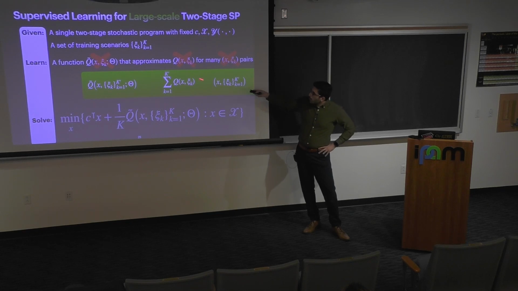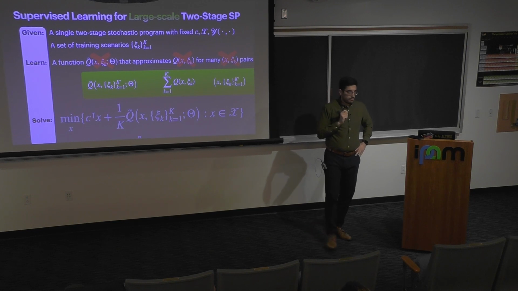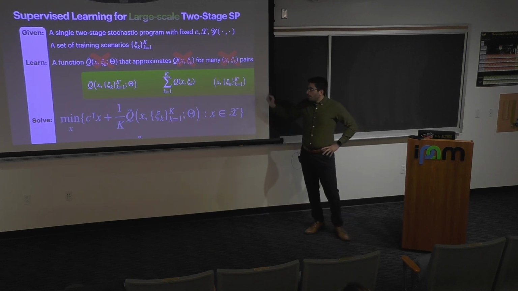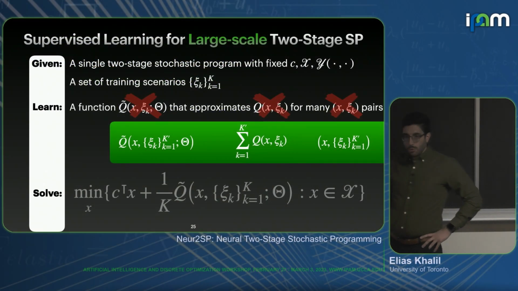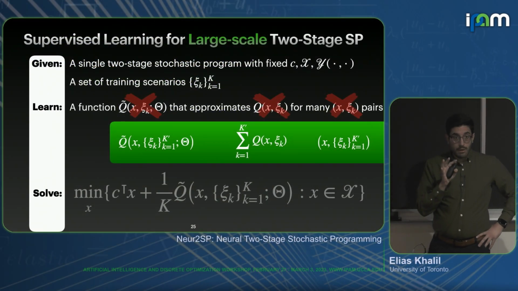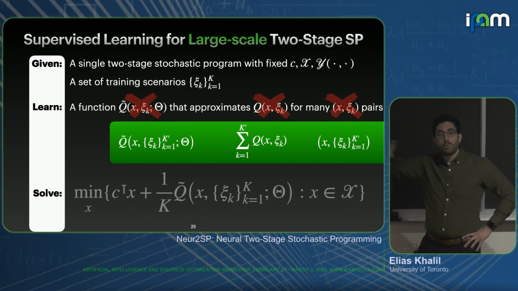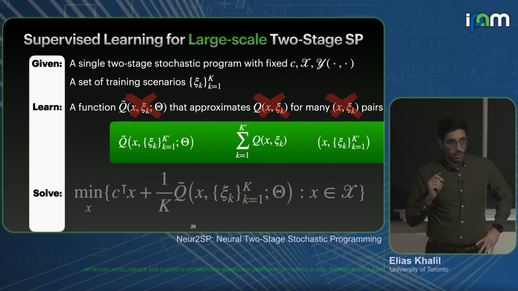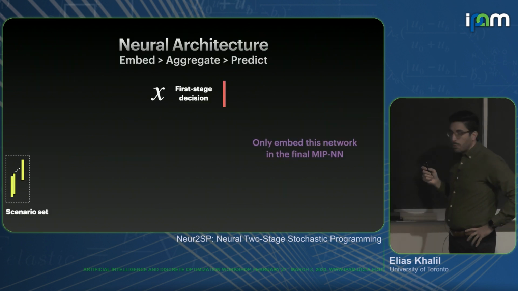Now, in your input, you have not only a first stage solution and a vector representing the scenario, you have a set of such vectors. And if we can do this, then in this neural network mixed integer program, we have to represent only one forward pass in this neural net, not capital K of them. Okay? So how are we going to achieve that?